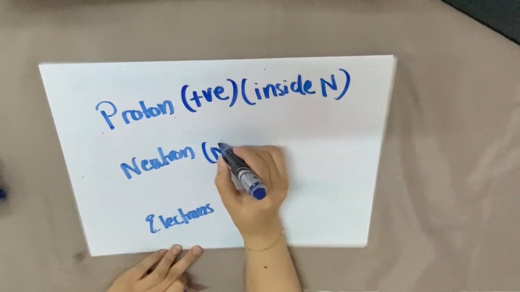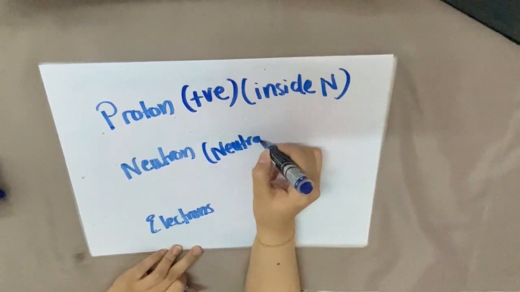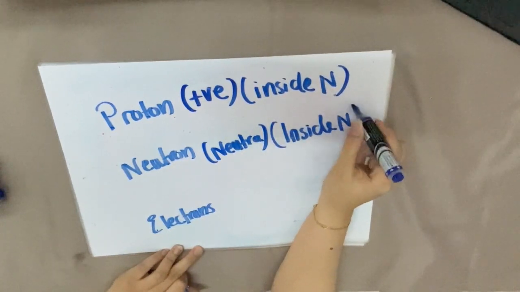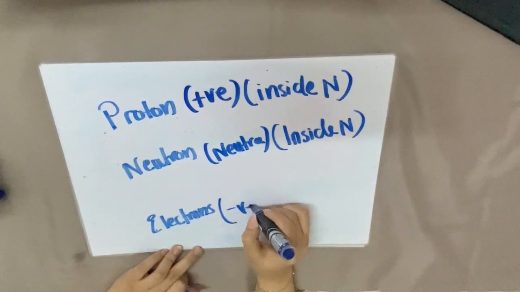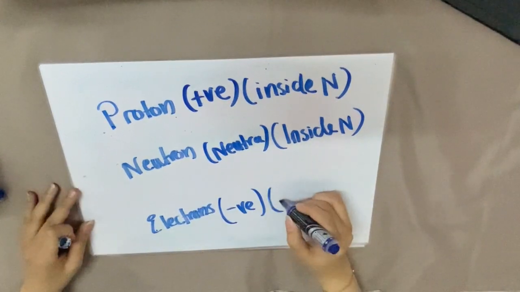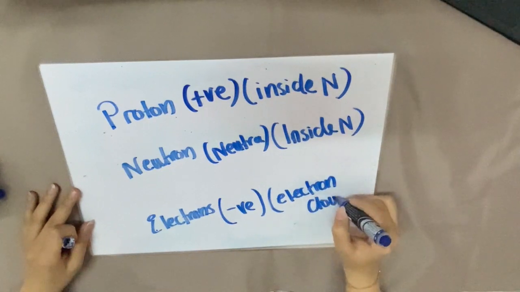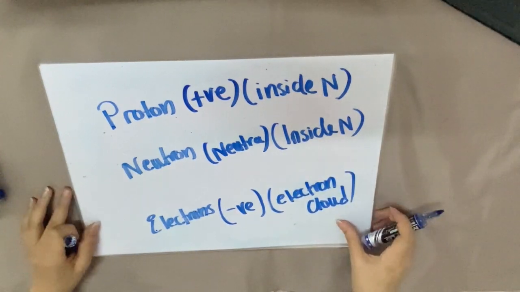Neutrons are neutral. They have no charge and they're also located inside the nucleus. Whereas electrons are negatively charged and are in the electron cloud. So they are around the nucleus, not inside the nucleus.